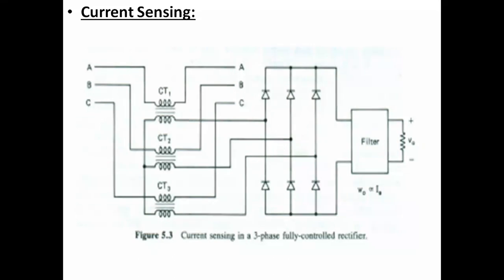One single phase current transformer is enough for a single phase rectifier. A three-phase current transformer is preferred for a three-phase rectifier. Single phase current transformer for single phase rectifier, and three-phase current transformer for a three-phase rectifier.